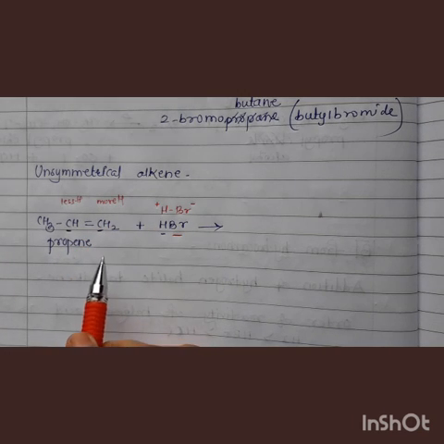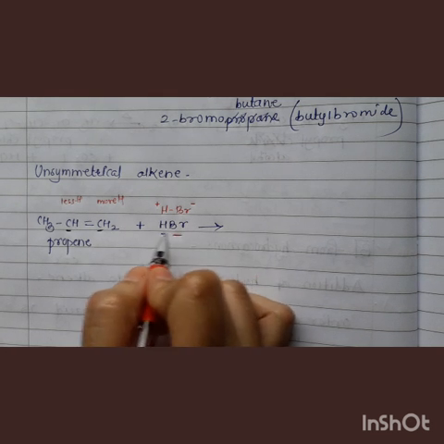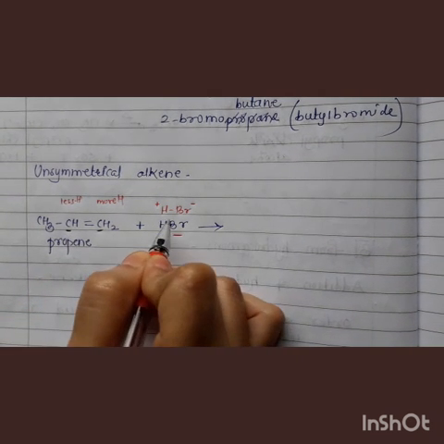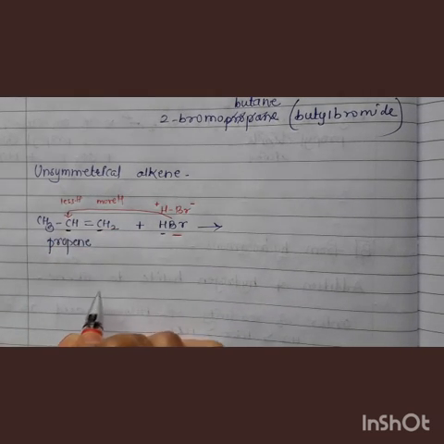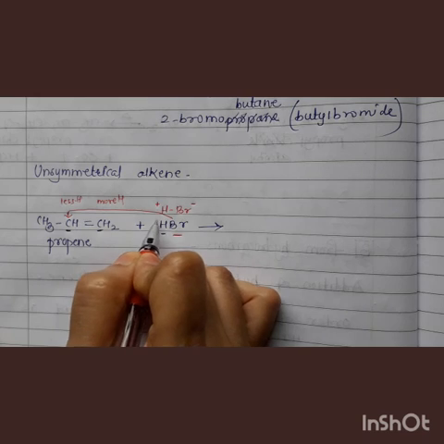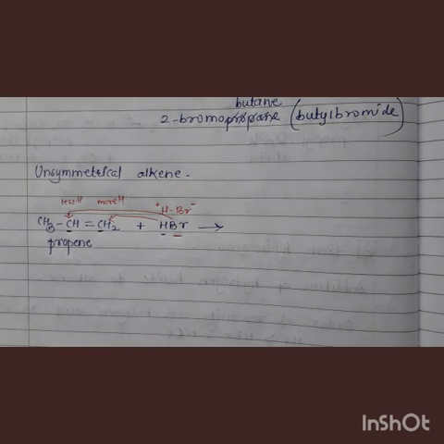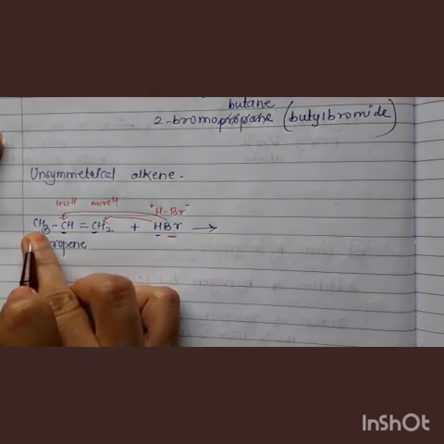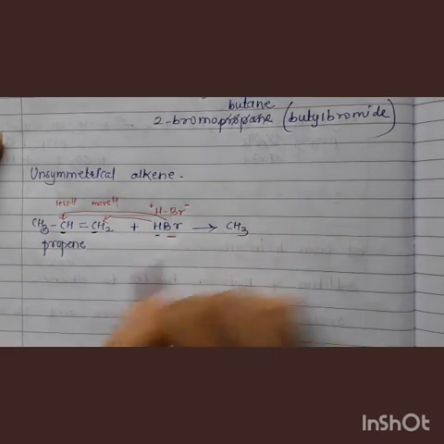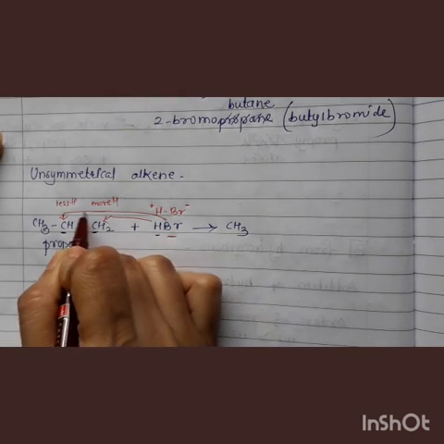So according to Markovnikov's rule, the negative part, means bromine, will get added to the less hydrogenated carbon atom, means this carbon atom. So this bromine will get added to this carbon, understand, and hydrogen will get added to this carbon atom. And this rule is called Markovnikov's rule. So let us see how the product will form. This CH3 will remain as it is, understand. Then on this carbon atom bromine is going to get added, right?